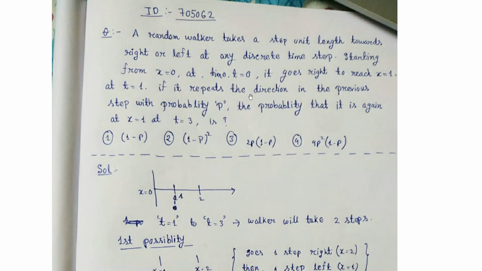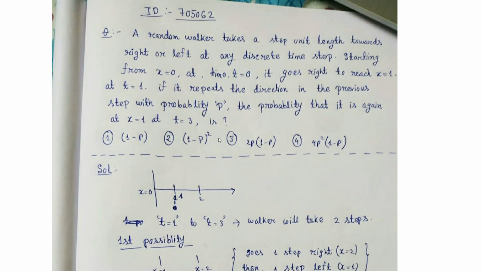So this line implies that the random walker has a probability p to go in the right direction, and automatically it can go in the left direction with probability 1 minus p, because there are only two possibilities, going right and going left. This is a 1D random walker. So repeating the previous step implies a probability p to go right and a probability 1 minus p to go left.